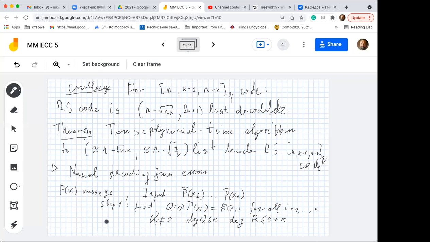Then in step 2, we just divided R by Q, or rather we showed that R is divisible by Q, and that the ratio of them is necessarily equal to P. So in the second step, we just computed R of x divided by Q of x.